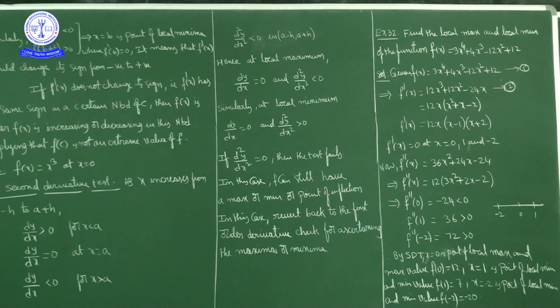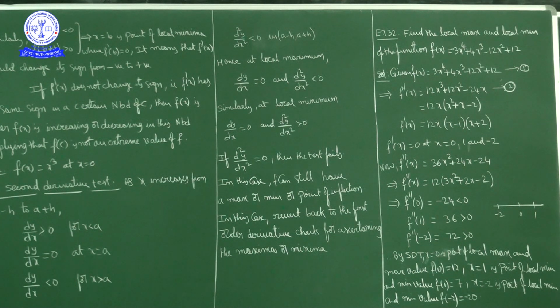Now at a particular point a, if f double dash of x is negative, then x equal to a is called a point of local maximum. Suppose f dash of x equals 0 at x equal to b, and f double dash of x is positive at x equal to b, then x equal to b is called a local minimum.